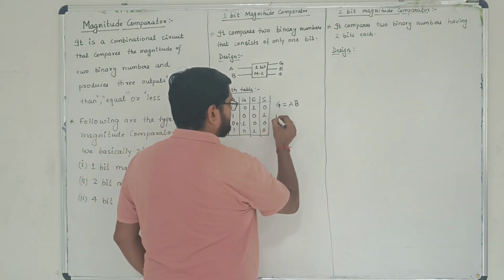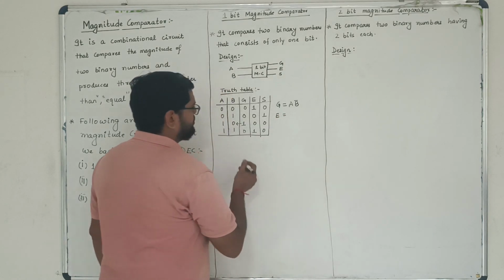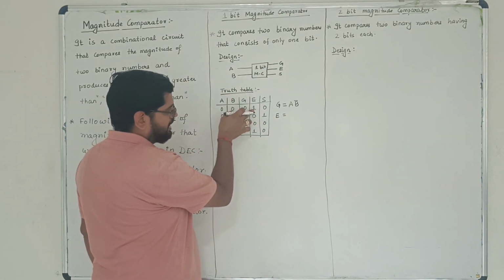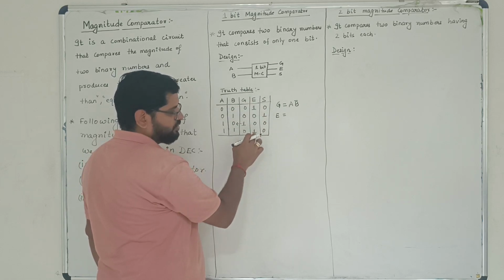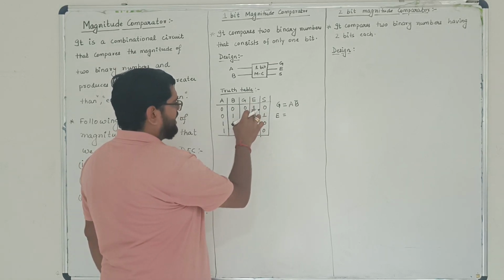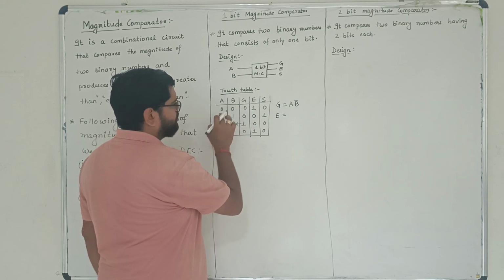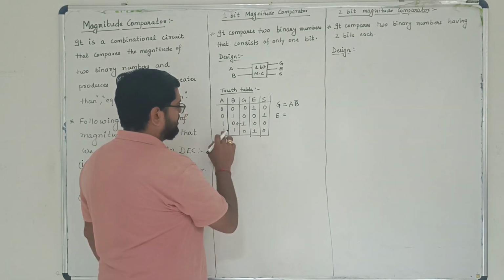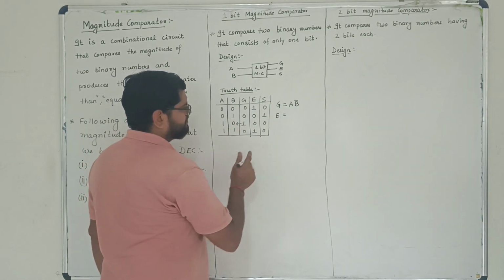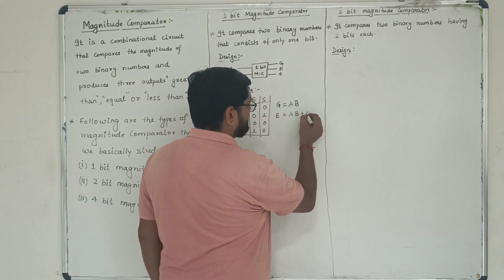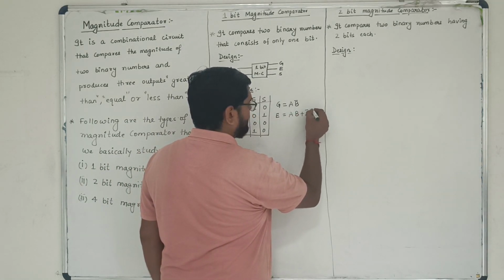Next, we'll write the expression for E. We can see that here the equal output is 1 and here also it is 1. So we can take the summation of these two values. Here you can see that the value of A and B is 0, 0, while A and B is 1, 1 over here. So we'll have AB plus A bar B bar.